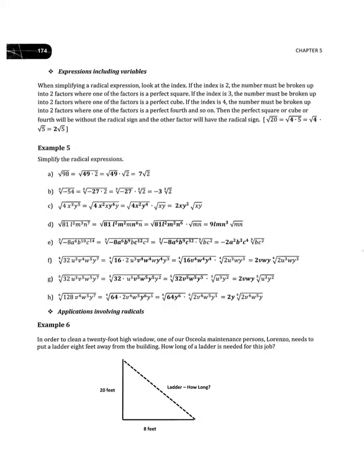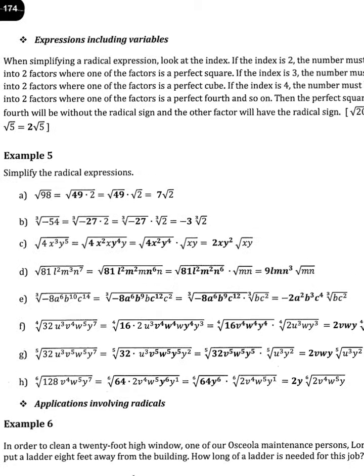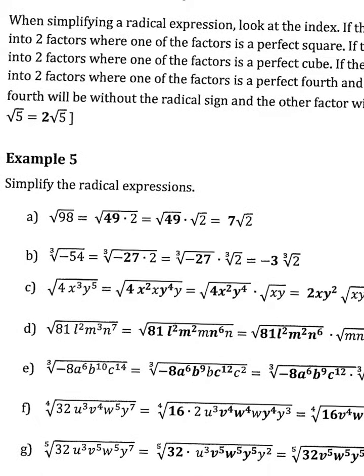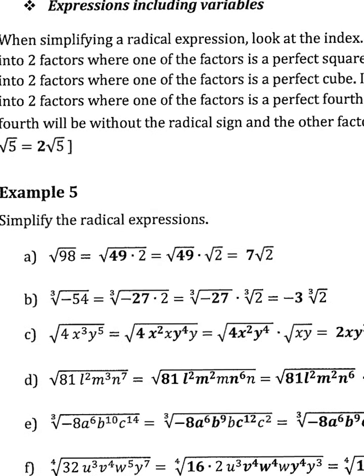Alright, when we simplify radical expressions, and this can be a little complicated, we look for factors of what we're trying to simplify. So here we're trying to simplify the square root of 98.